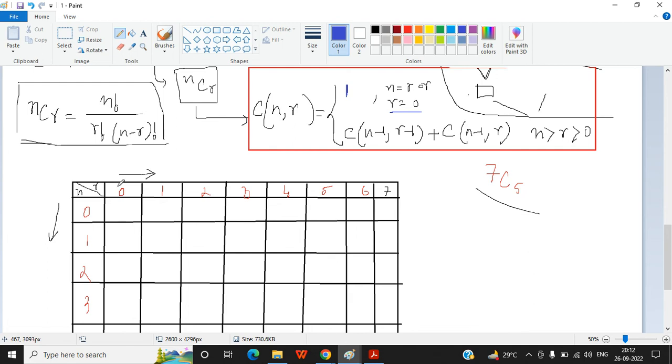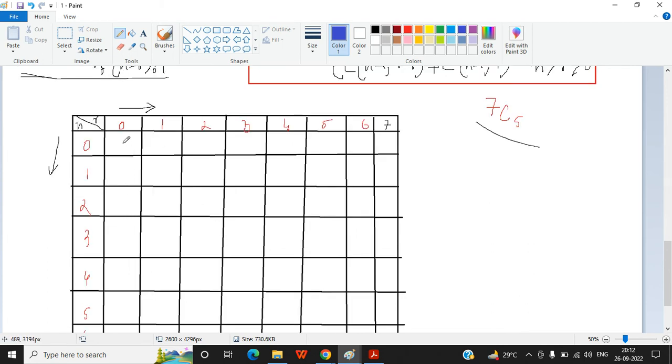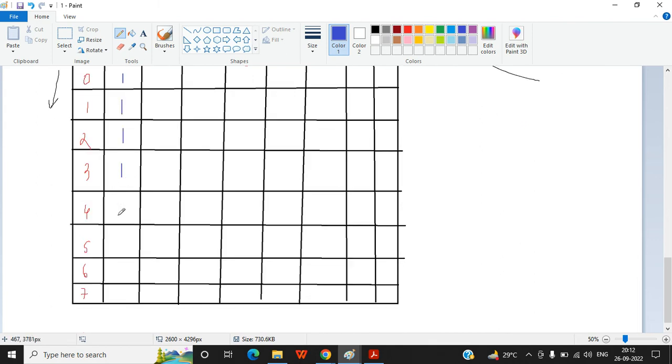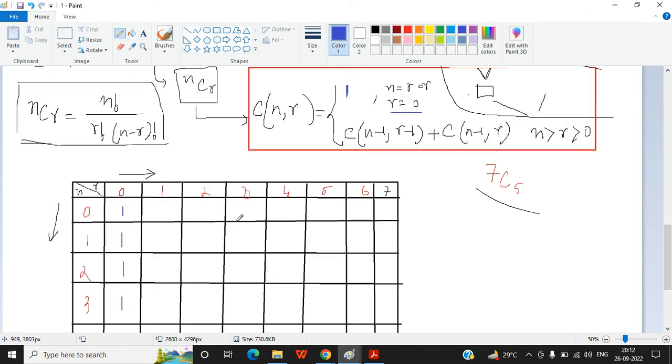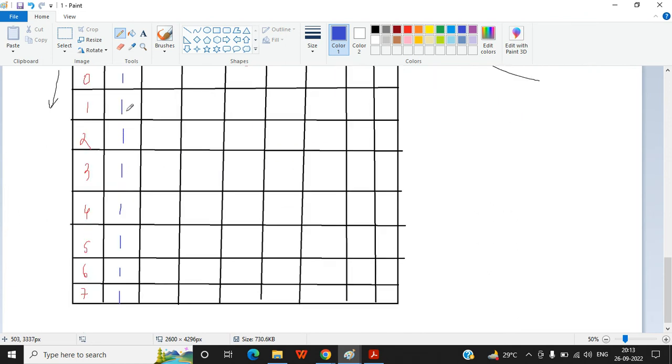The first column, where r is 0, gives the value of nCr, so the first column will be all filled with 1. You got it?